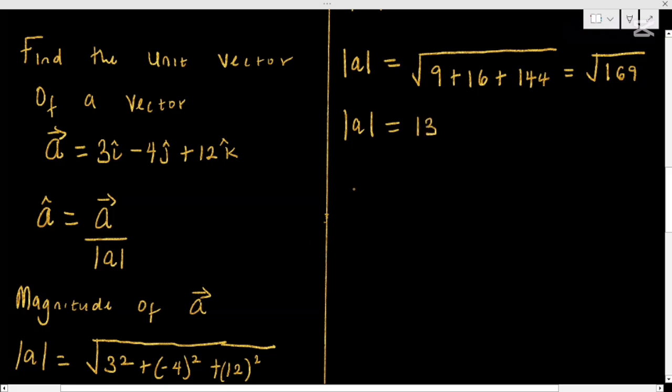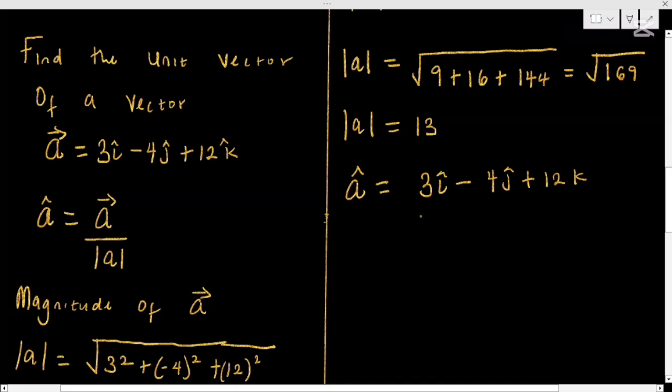So our unit vector A will just be equals to vector A, which is what? 3i minus 4j plus 12k, right?